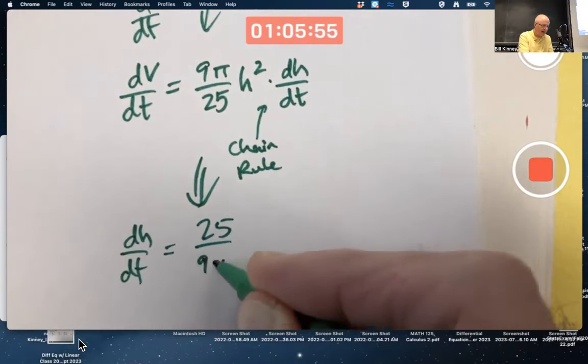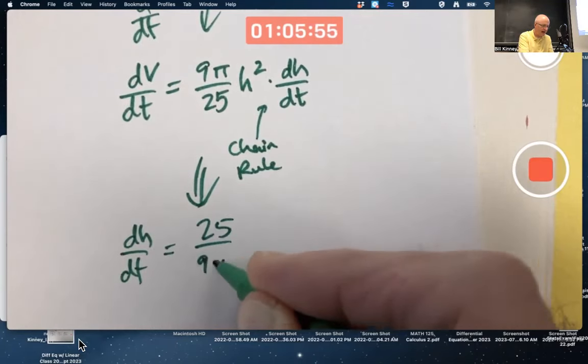Plug in h equals what? It was 8 centimeters. So I get an 8 squared. dV/dt, what's dV/dt? It's not 1.5. It's negative 1.5, which is the same as negative 3/2.